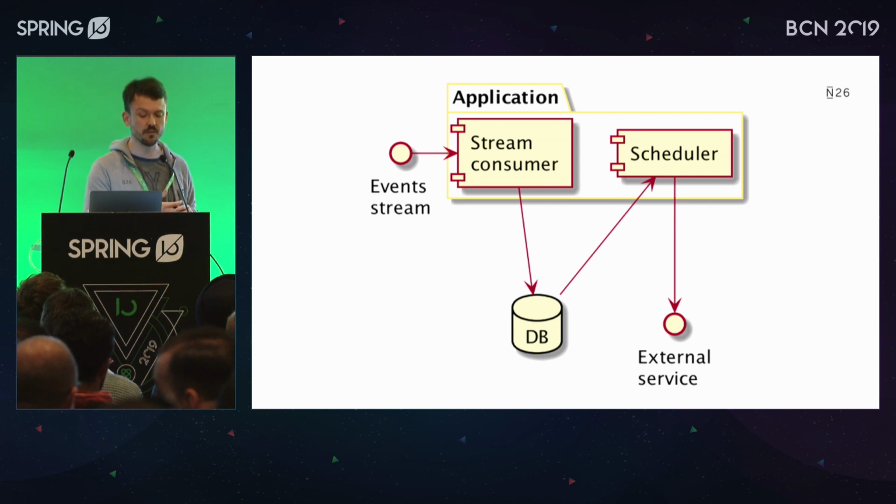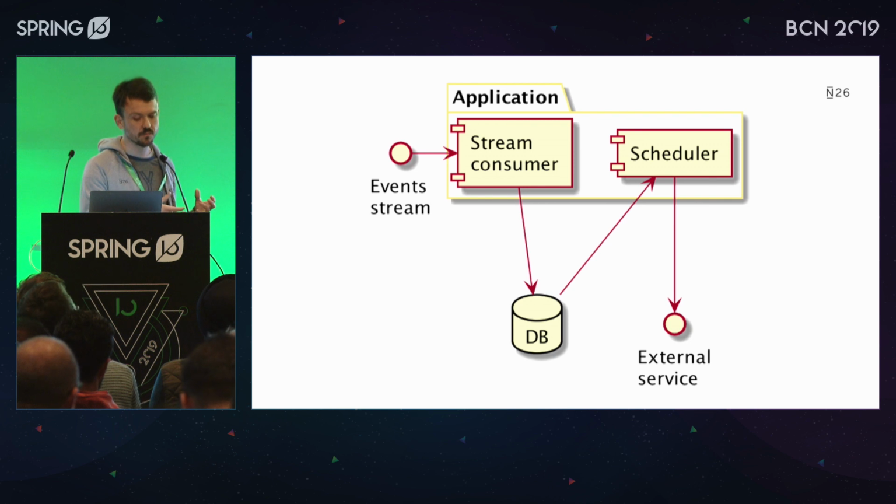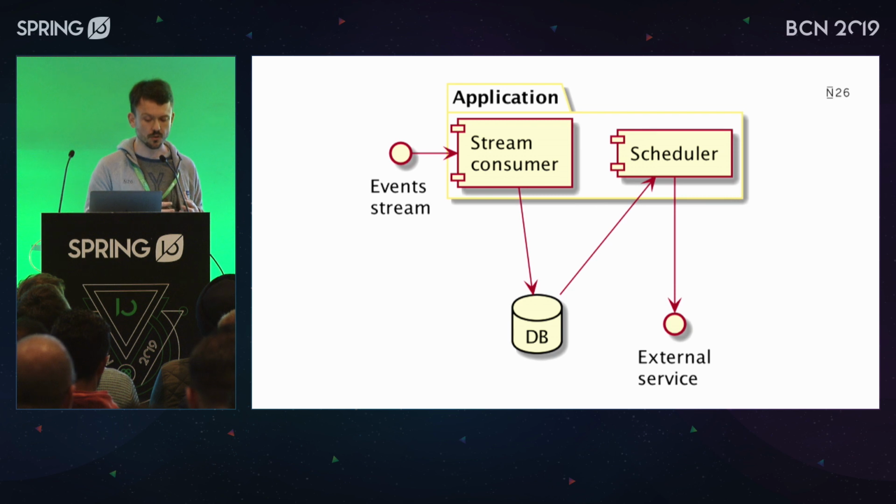An event is received by an application, and we have a component in our application which we call the stream consumer. It reads the item from the stream and filters out the events that are important for the service, because there can be different events that are not important for our application. And each important event for the service we store in the database.